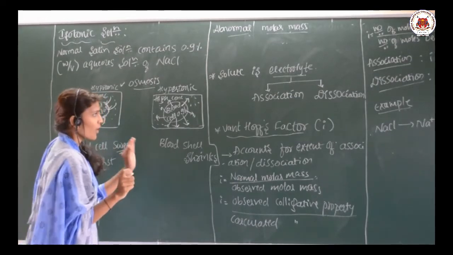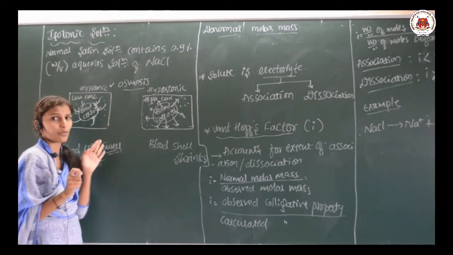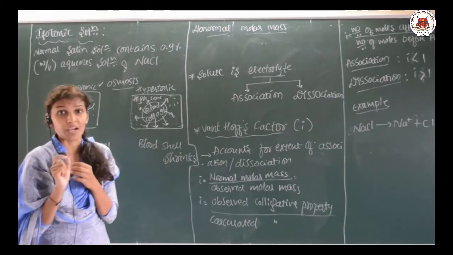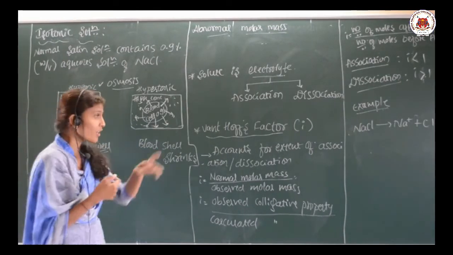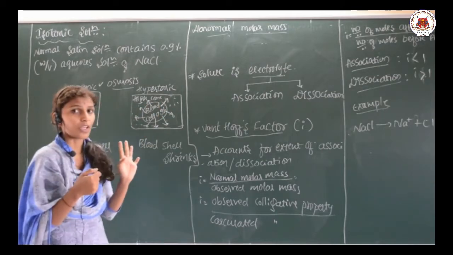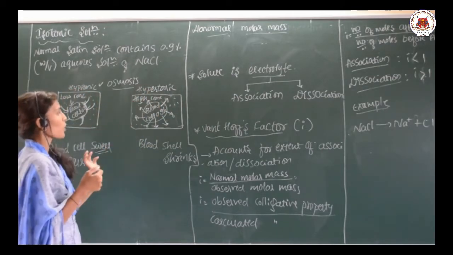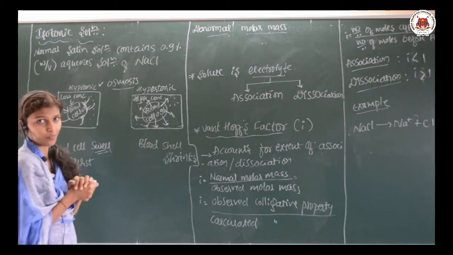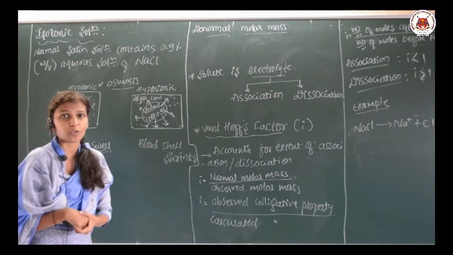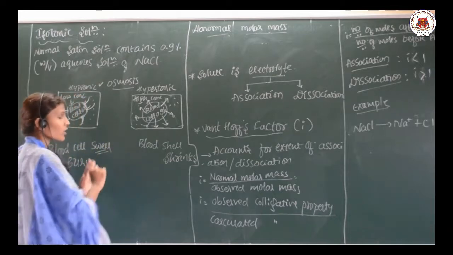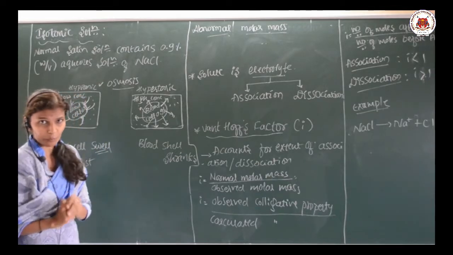Keep in mind, more questions are asked on the basis of this. Whether the blood cell shrinks or swells depends upon the concentration. If you keep it in the hypertonic solution there is shrinkage. If you keep it in the hypotonic solution there is swelling. In both cases osmosis takes place.